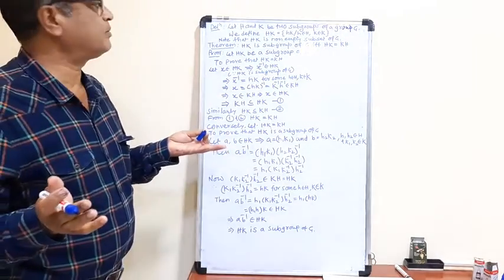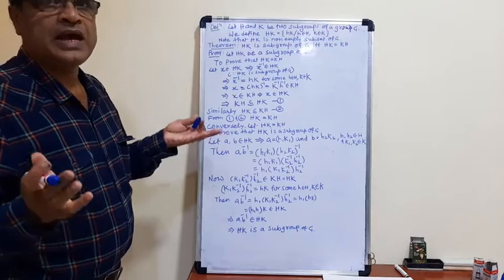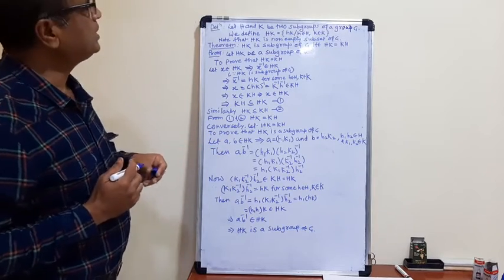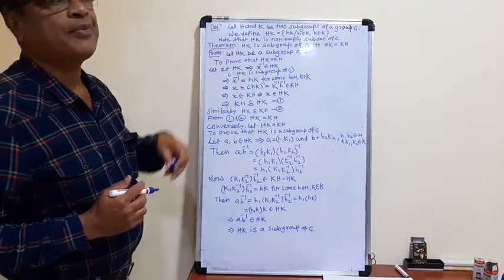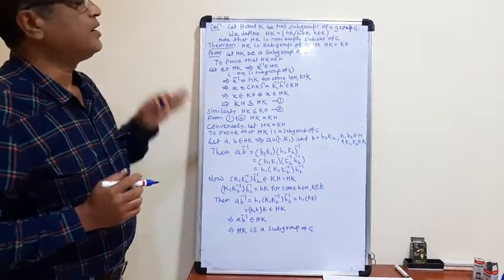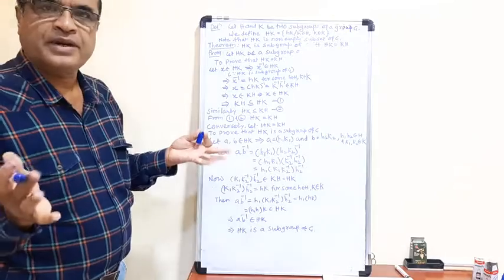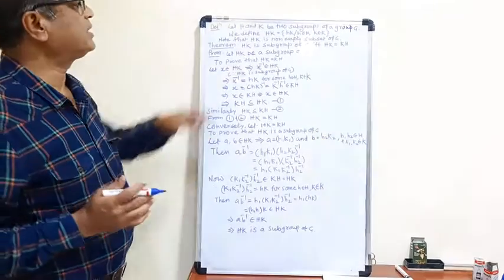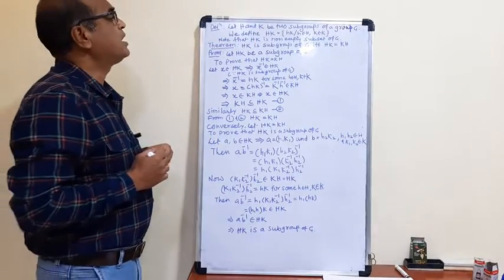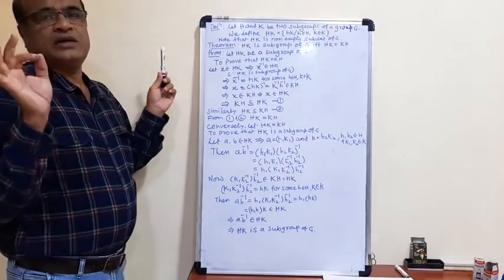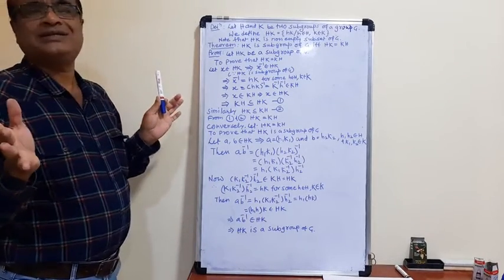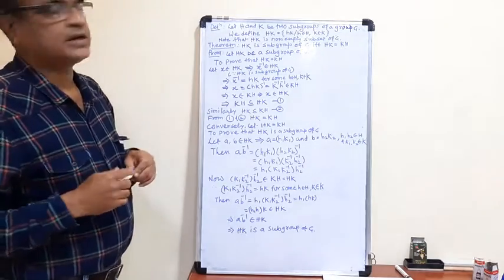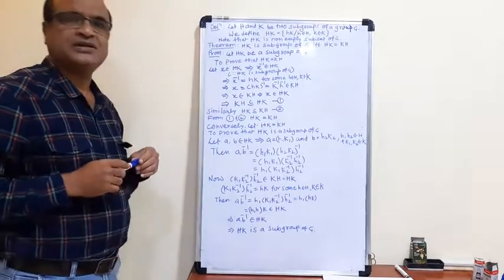H is a subgroup and K is also a subgroup of G. Then HK is equal to the set of all products hk where h belongs to capital H and k belongs to capital K. This is a very simple definition. Note that HK is a non-empty subset of G.